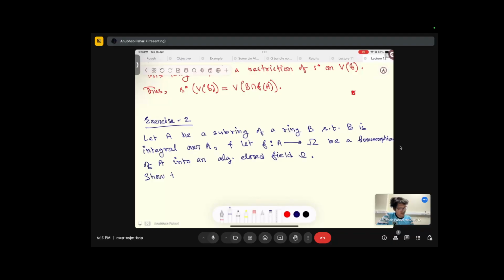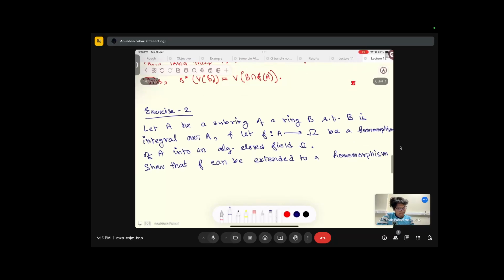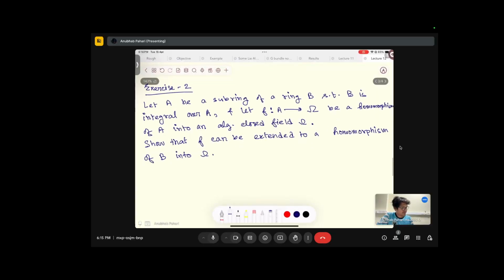Then f can be extended to a homomorphism of B into omega.